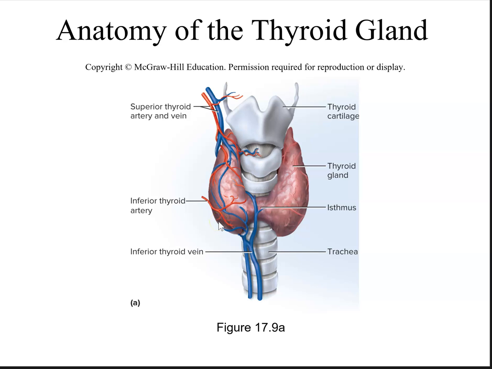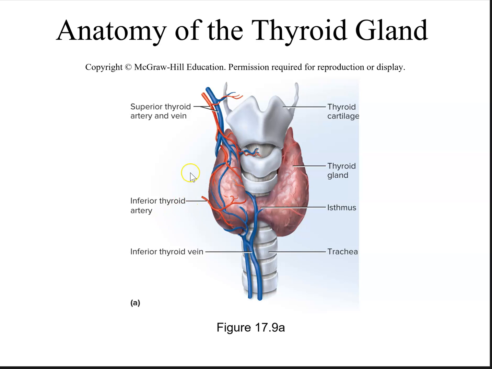Some major arteries that supply blood to the thyroid gland include the superior thyroid artery, which branches off from the carotid artery because the thyroid gland is very close to the aorta actually. So the carotid artery branches off to form the superior thyroid artery, and it also has the inferior thyroid artery, which branches off the subclavian artery.